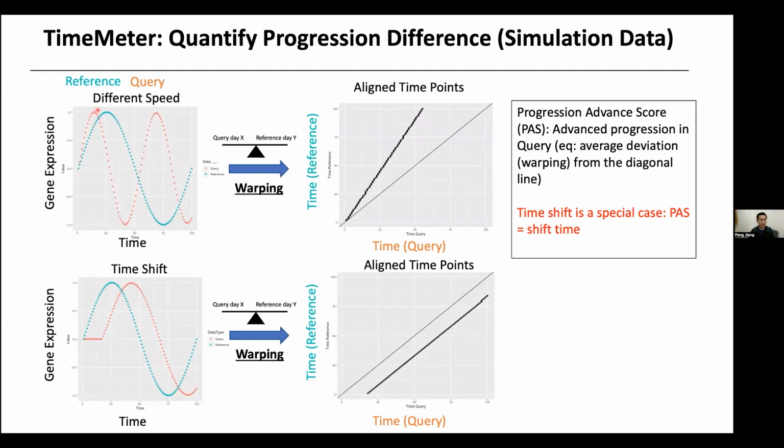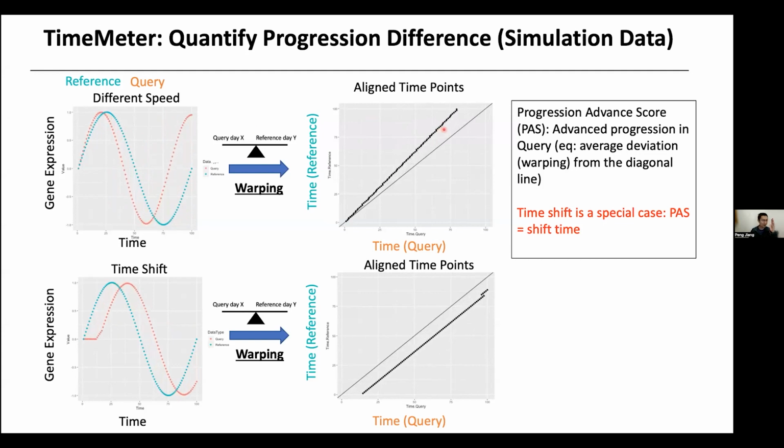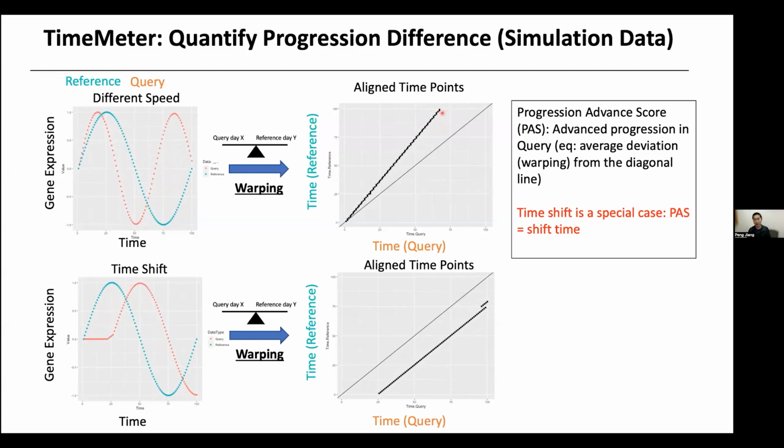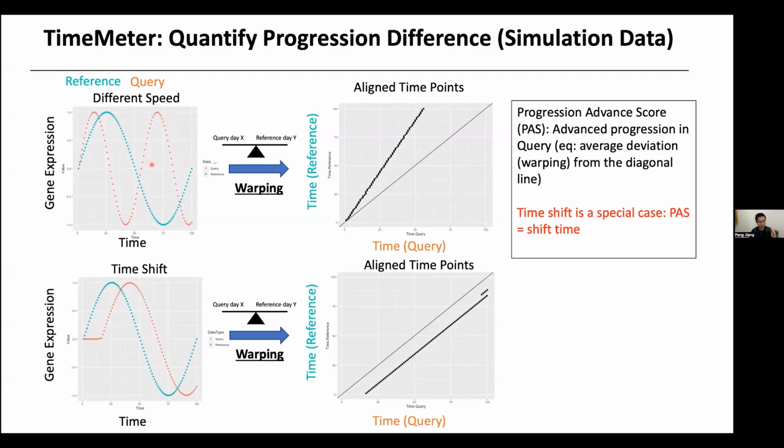So when the orange line changes speed and gets quicker and quicker, the slope increases. So intuitively, the slope of the line indicates the speed difference between the two.